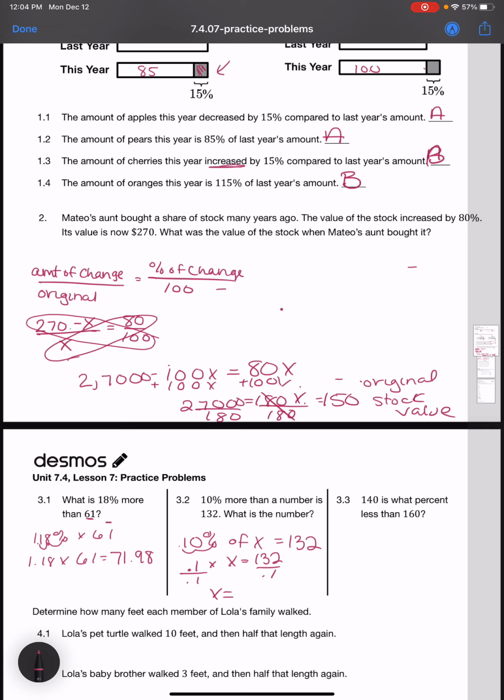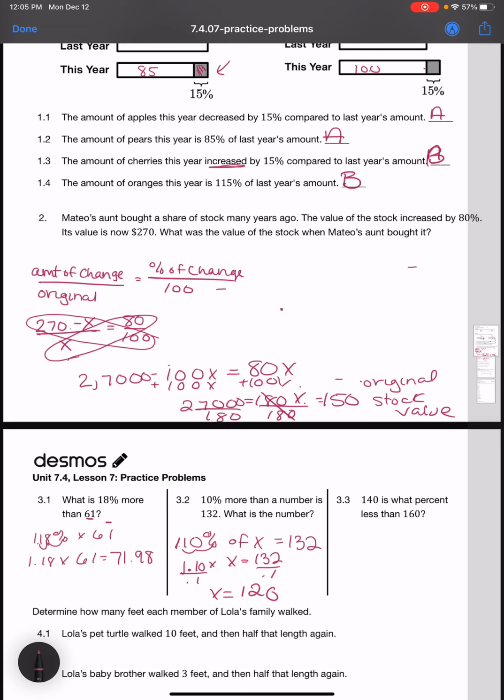I'm sorry, it should be 1 1/10, which would give me 120, because 10% more than the number means you have your number plus 10% more. That was my mistake.